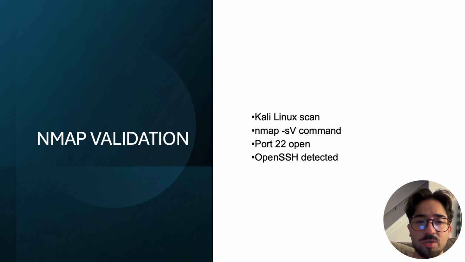The result showed that port 22 was open and running the OpenSSH service. This confirms that SSH is properly configured, accessible from the network, and functioning as expected. This step is very important because it provides external validation that the configuration is working correctly.